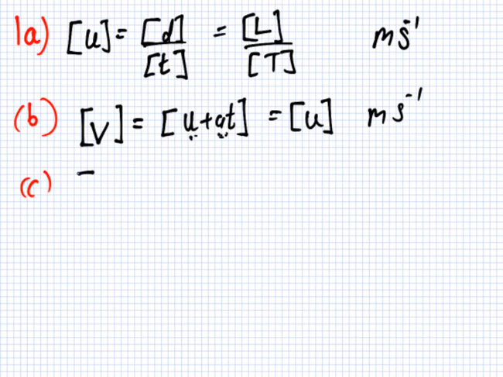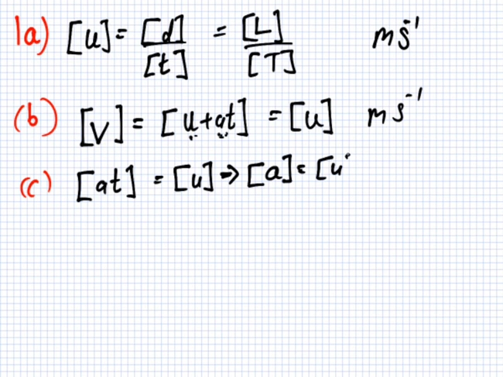Now, the dimension of AT must be the same as the dimension of U, so that means the dimension of A is the same as U divided by the dimension of T. U we said was length per time.